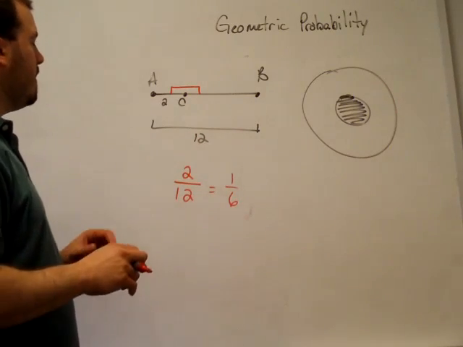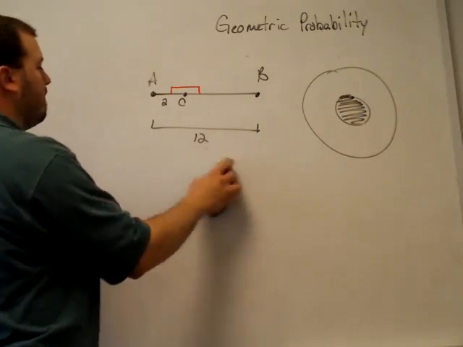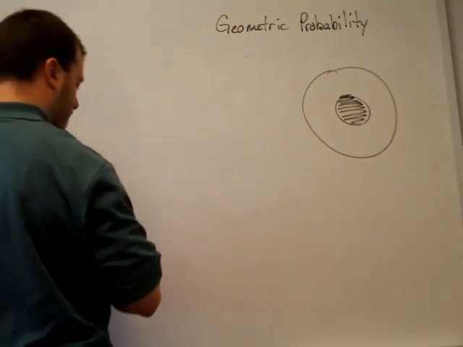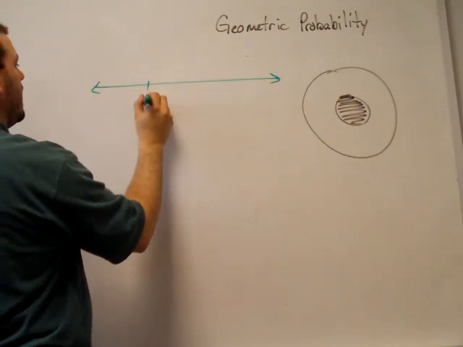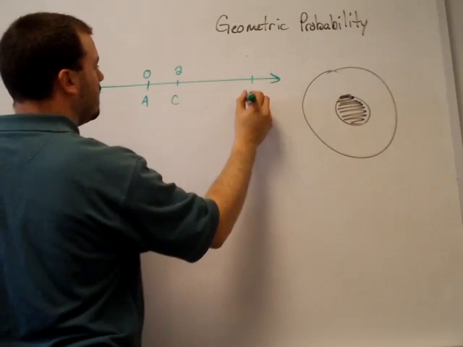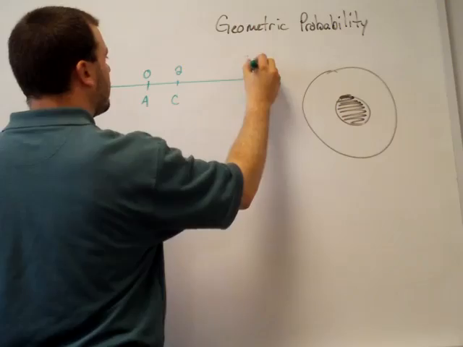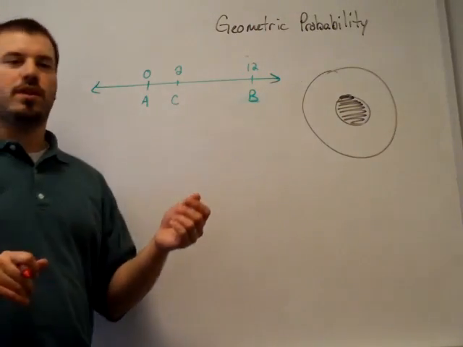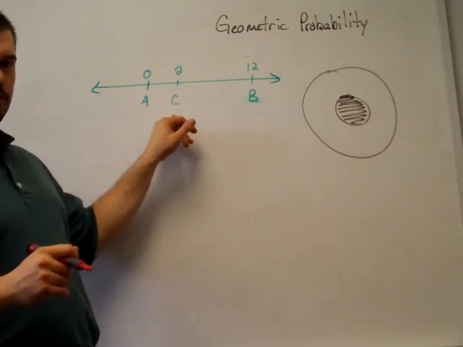Now, sometimes you might see this written in a different way, maybe on a number line, where A is at 0, C is at 2, and B is at 12. It's really the same problem if I ask, what's the probability that a point chosen on segment AB falls within 1 unit of C?